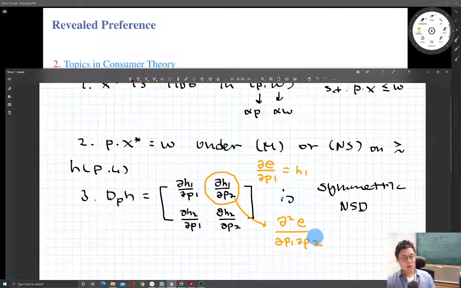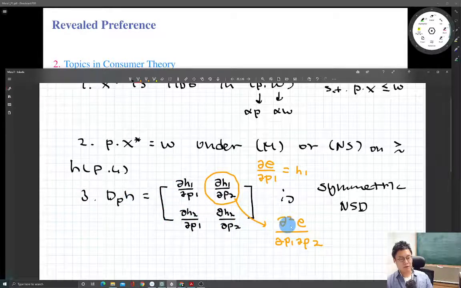So the Slutsky matrix can be thought of as the Hessian matrix of the expenditure function by Shephard's lemma. And we know the expenditure function is concave, so the Hessian matrix of that should be negative semi-definite. In other words, the Slutsky matrix should be negative semi-definite.